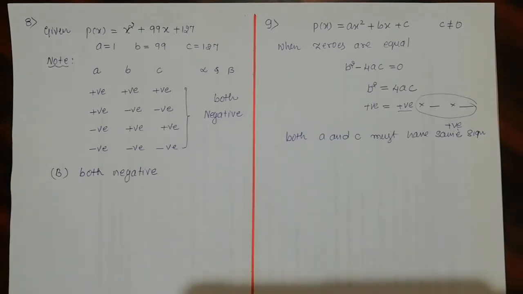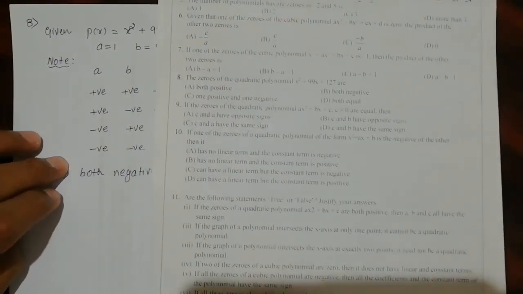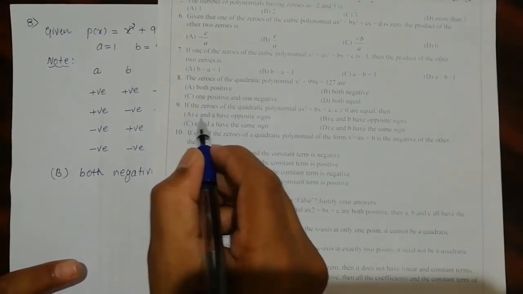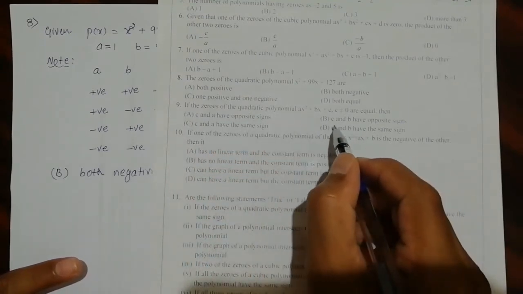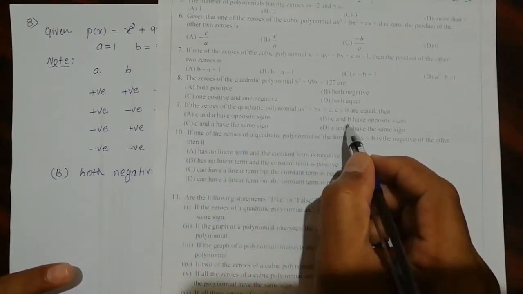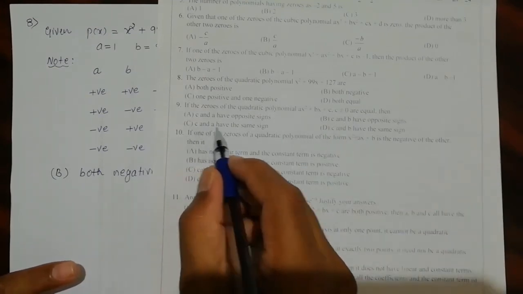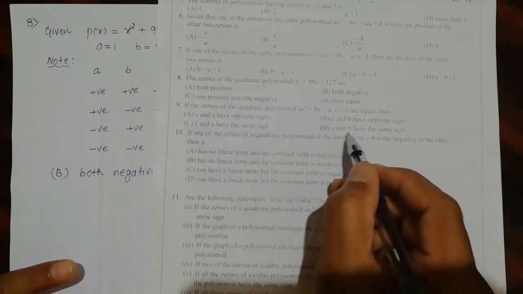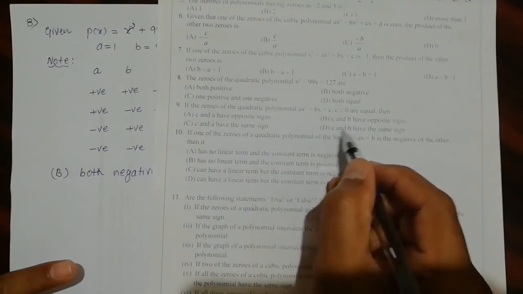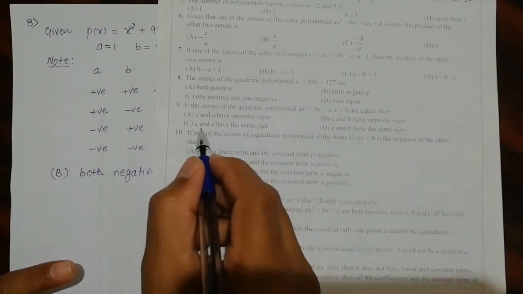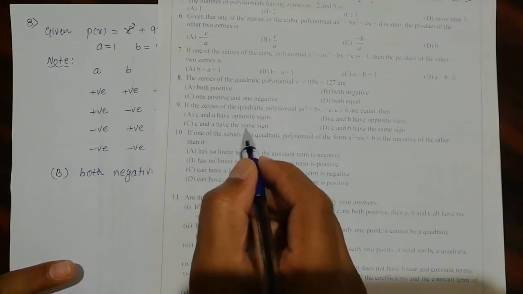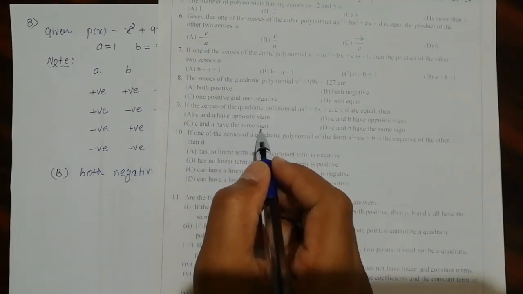So now look at the options in question number 9. Here, C and A have the same sign. As for C and B, we have not got the relationship between C and B. We get this one: C and A have the same sign, it may be positive or negative.